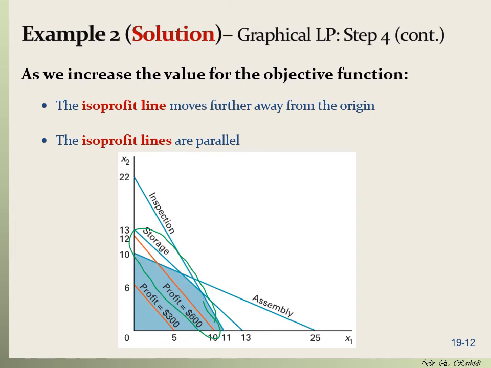Our profit increased from 300 to 600, exactly doubled, and it is still within the feasible space. The other thing I want you to notice is that these two orange lines are parallel. ISO profit lines must be parallel. We still have room to move this line further to the right. So let's move it to the right.